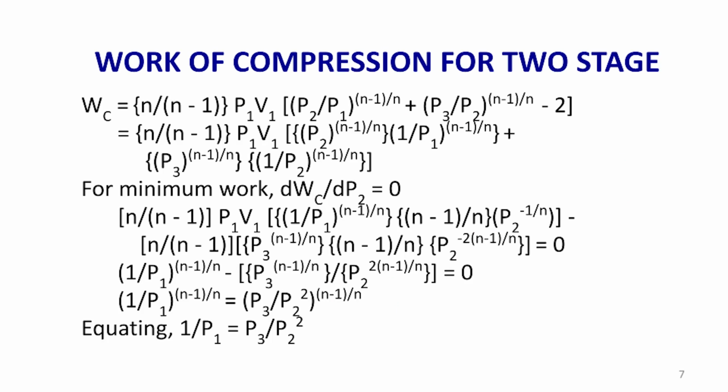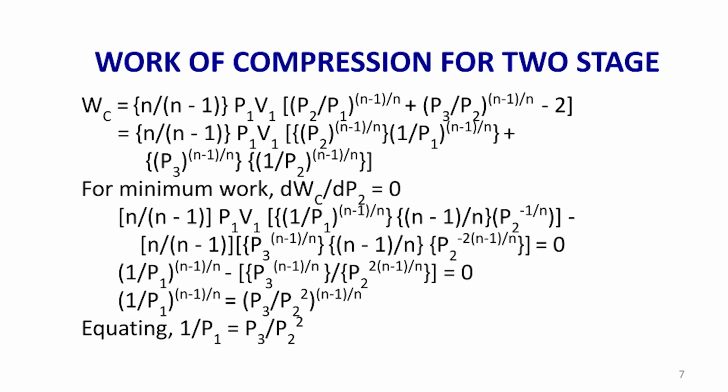Now, the objective of going for a multi-stage compressor, or the primary reason, is to have a minimum work done, to minimize the work done. So, we know for maxima or minima, if you have an equation, we have to differentiate and equate to 0.